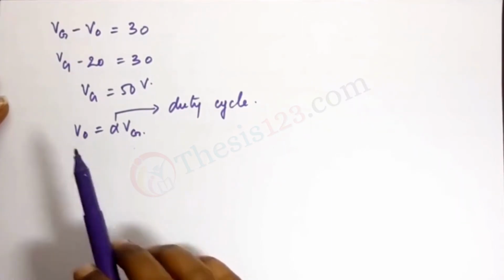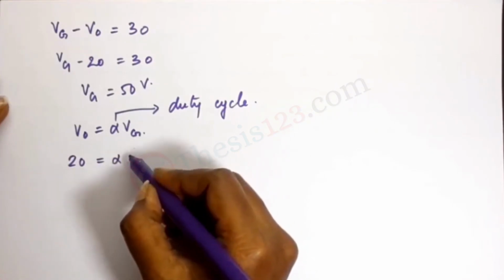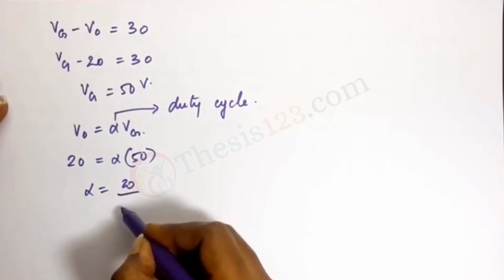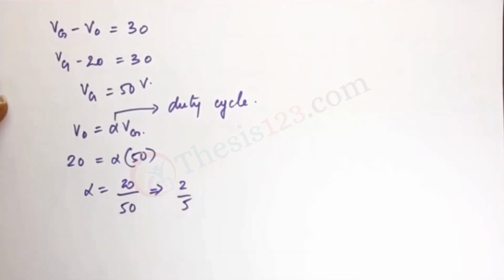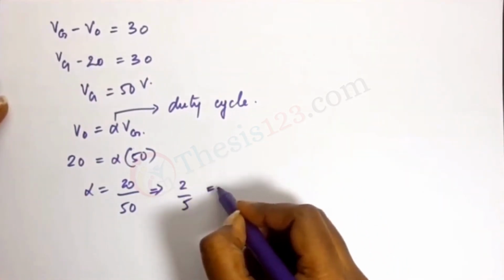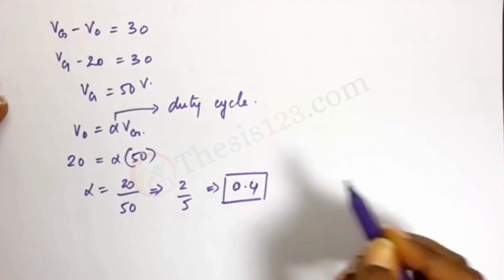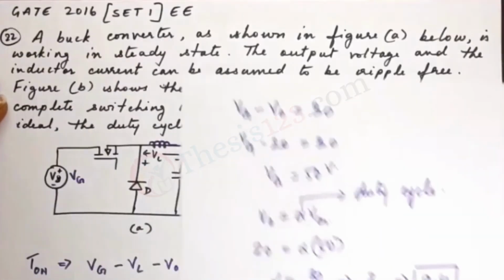VG is 50 and V0 is 20. So 20 is equal to alpha times 50. Alpha equals 20 by 50, which gives us 2 by 5, and that's 0.4. So the final answer here is 0.4.